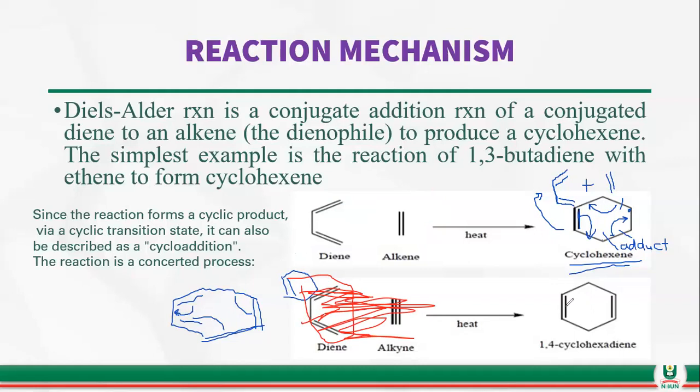You just come again: it's a 6-membered ring, it has a double bond within, so it's a Diels-Alder product. So the double bond here comes here, and by virtue of that this bond will break to go to the next place, and by virtue of that this bond will break to go to the next.